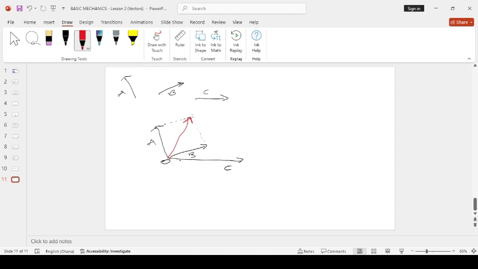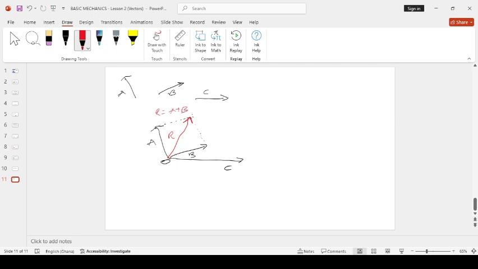Good. So this arrow here, which is R, is the resultant of vector A and vector B. So I can say R is equal to A plus B.